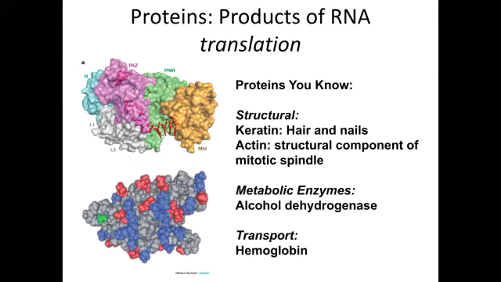Now, proteins are the products of RNA translation, and oftentimes we show proteins as these large blobby features or figures like this. But keep in mind that amino acid sequences or polypeptides are also linear sequences, similar to DNA sequences or RNA sequences.